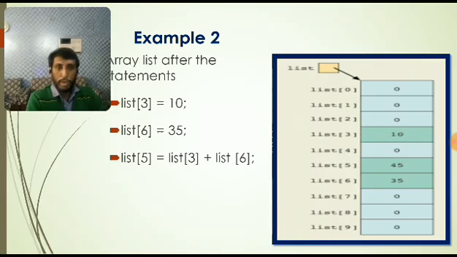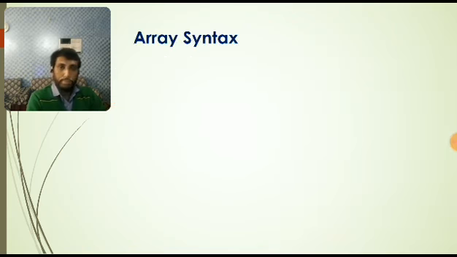So look at this image: list number 3 is having 10, list number 6 is having 35, and then when it is calculated 45 is coming. So it is the best example to look at how an array is being adjusted in the memory of your program or computer.